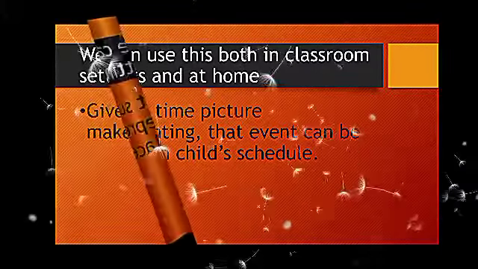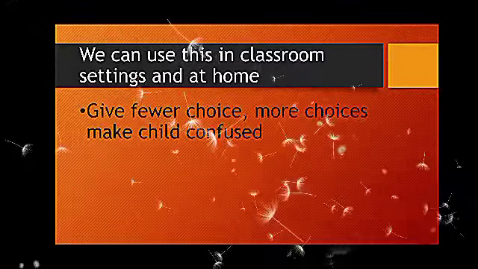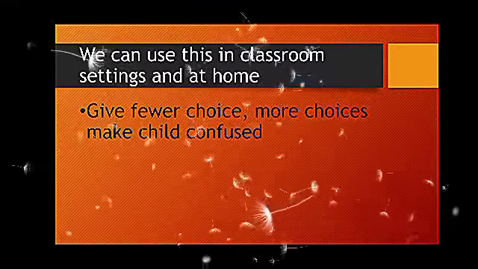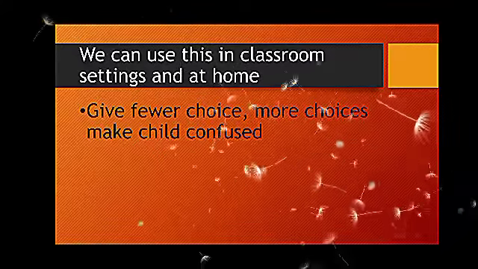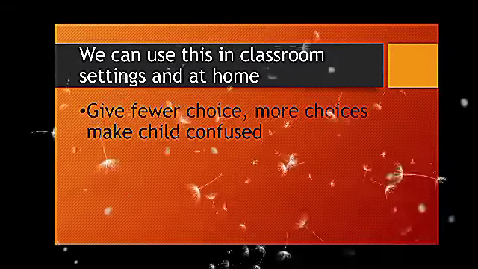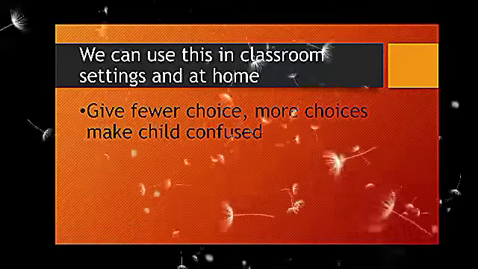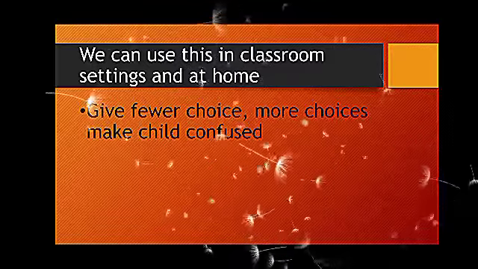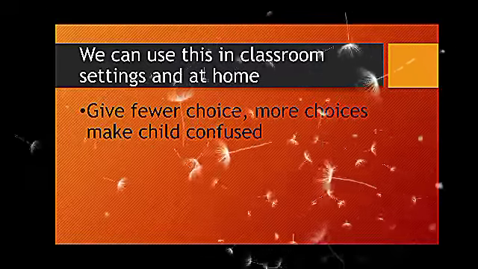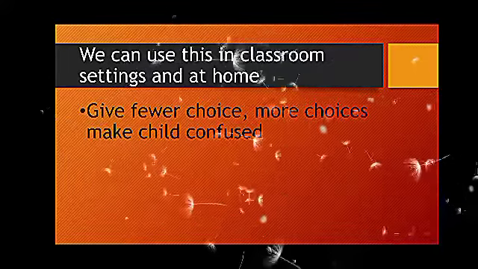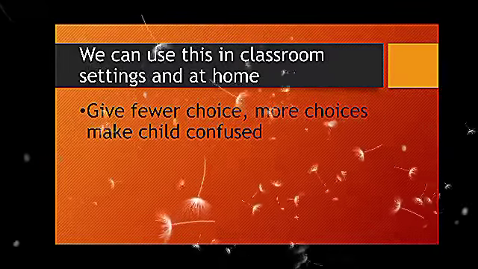Okay, next is give fewer choices, because more choices make the child confused. Yes, we always have to focus on this, that we should provide fewer options, not more and more options or very complicated options, because more and complicated options make the child more confused about what they should choose, what will be better for them, and what will provide the better result.